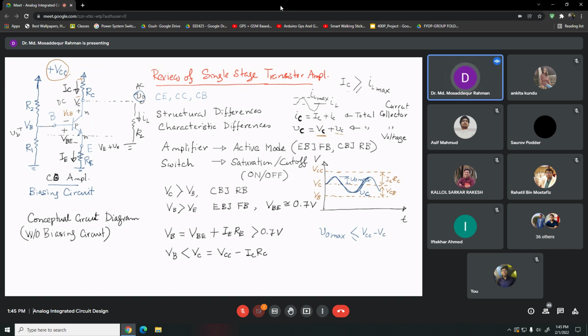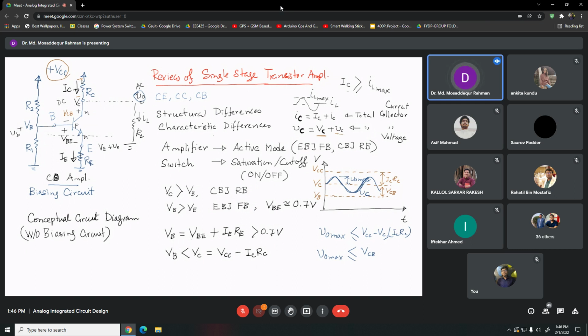And it should also be less than or equal to VCB. In other words, the voltage the load demands has to be less than or equal to ICRC, and VCB also has to be equal to or greater than VO max.